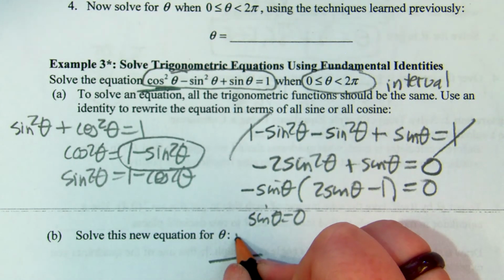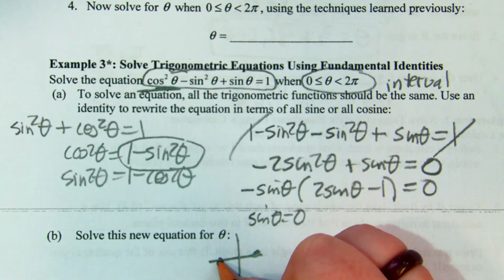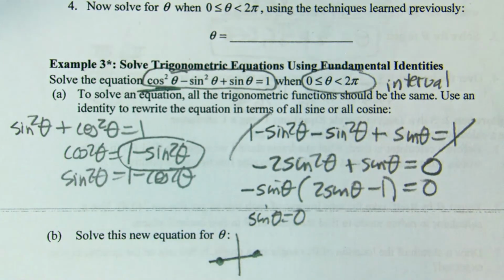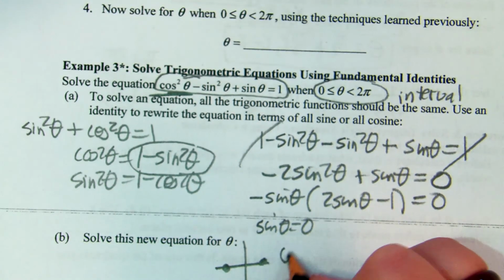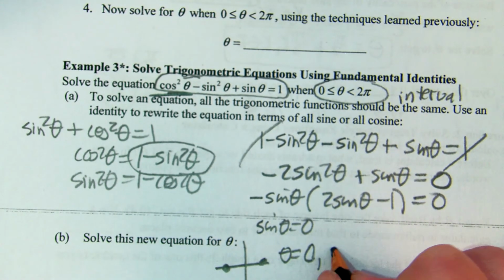Sine of theta is 0 here and here. So that's theta equals 0 or pi.